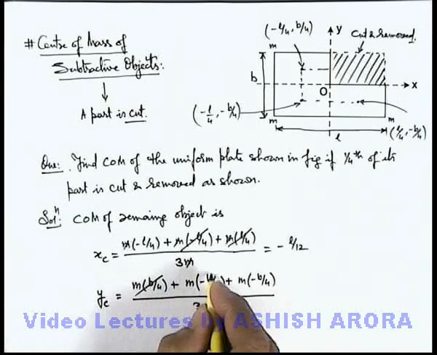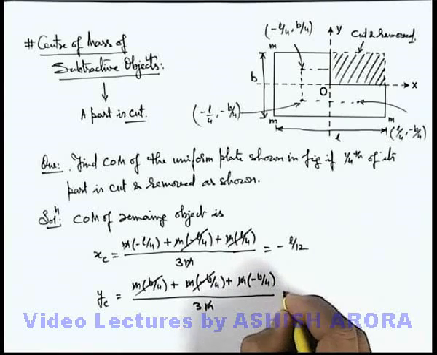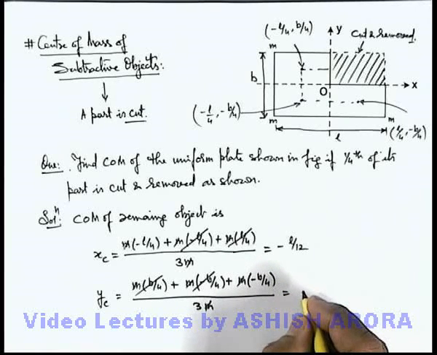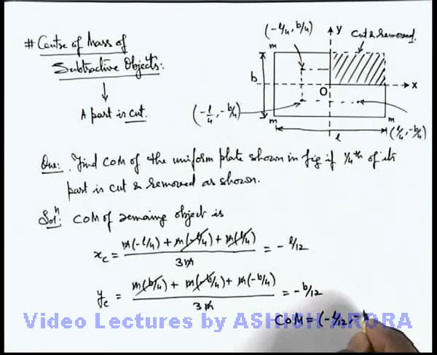Here also these two gets cancelled out, masses will also cancel. So on simplifying we are getting the y coordinate of center of mass is minus b by 12. So here center of mass of this subtractive object we can write is located at minus L by 12, minus b by 12. That will be the answer to this problem.